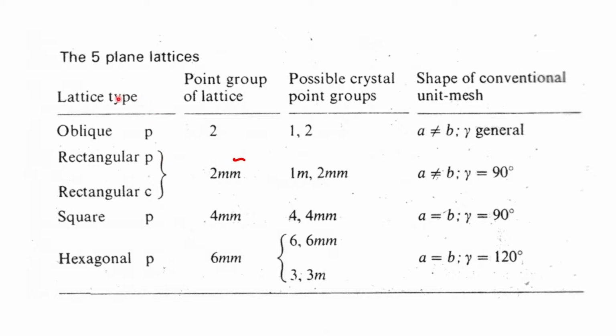So the lattice now decides how many combinations of symmetries it can have because of the presence of either a P or a C. In addition, we have the presence of symmetry elements, and therefore the objects which find themselves inside these unit cells will have to look at both the point group symmetry as well as the lattice symmetry. So the presence of the lattice symmetry in conjunction with the point group symmetry, and of course the nature of the material which goes into this lattice, all these combinations will decide what kind of a symmetry one has to take in this particular case.